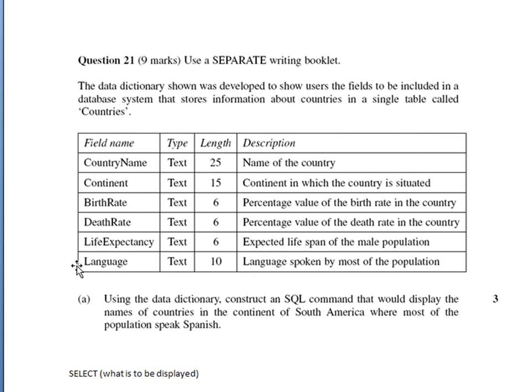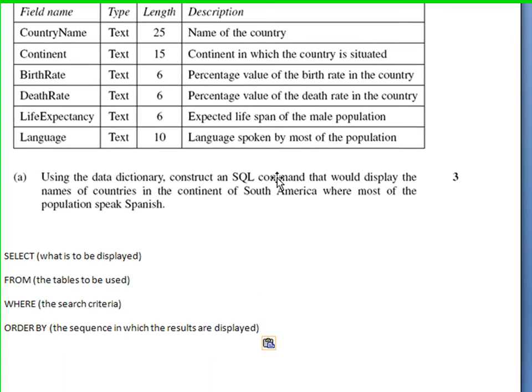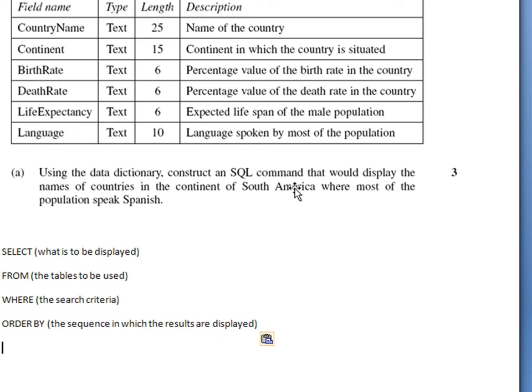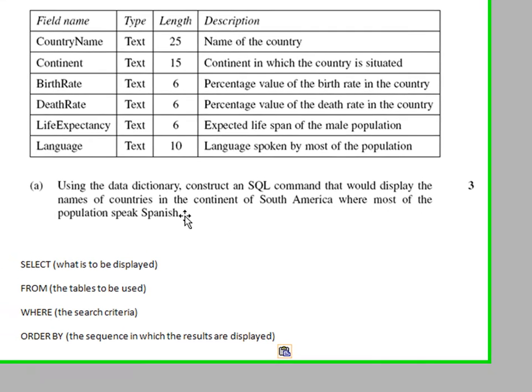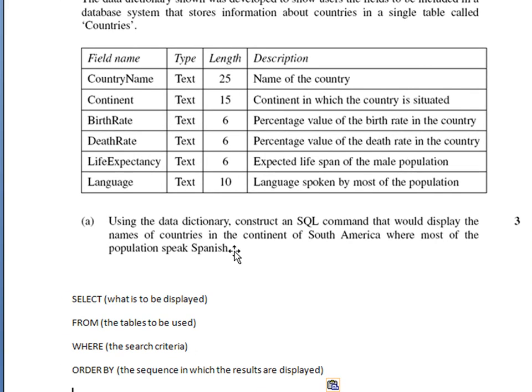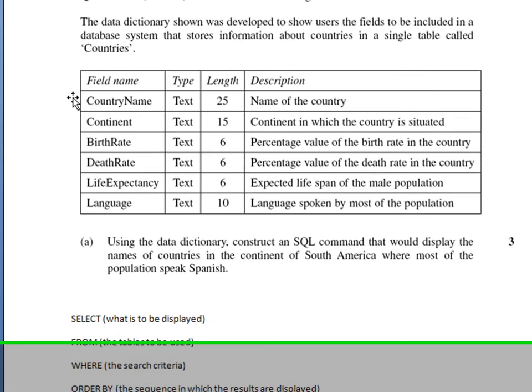Okay, we agree that this is one single table called countries. Now, what you need to do is construct an SQL command that will display the names of the countries in the continent of South America where most of the population speaks Spanish. Okay, so there are three fields that I'm already currently looking at.